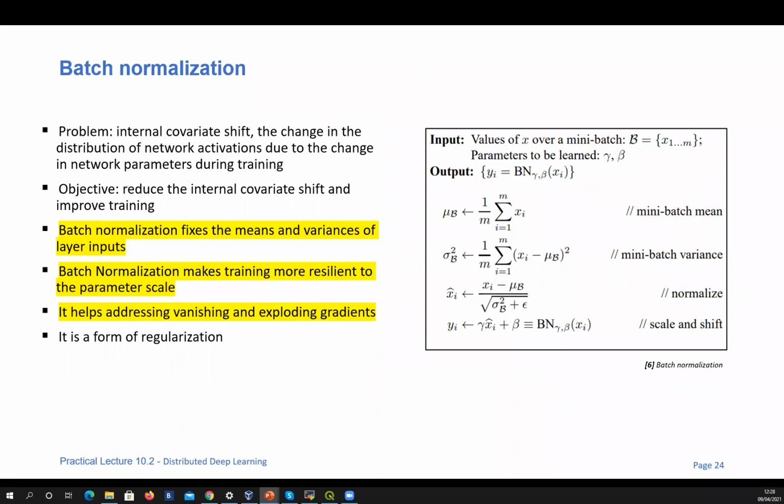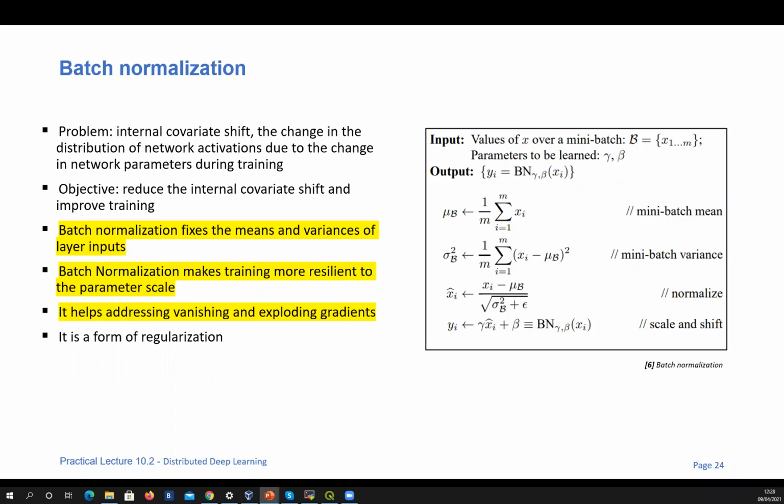Now there are some techniques to try to address this issue, and once again we don't have much time to go into the depth of it. But one very popular method that is also used for other tasks is batch normalization, which tries to solve a problem called internal covariate shift by doing what?